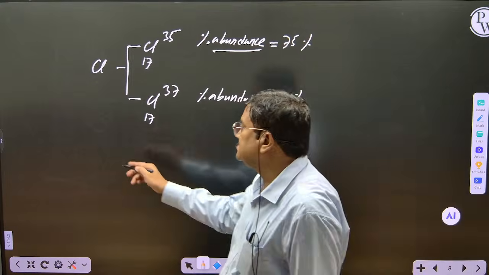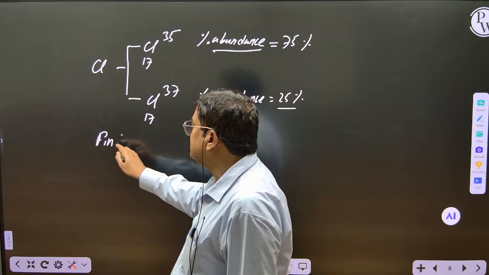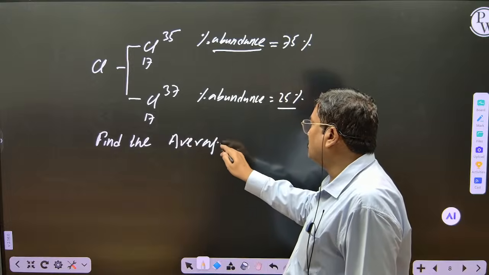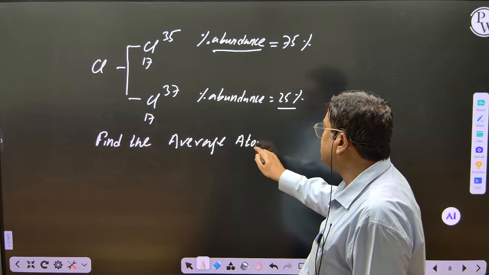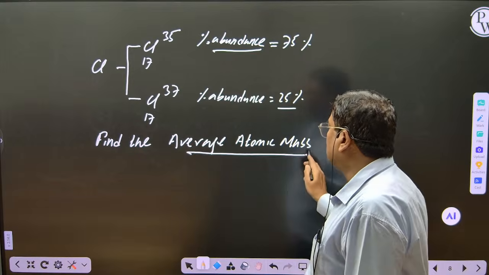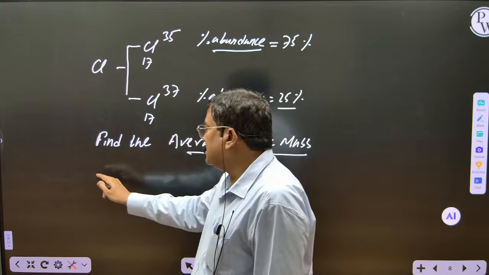Then the question is: find the average atomic mass. In order to find average atomic mass, there is one relation.